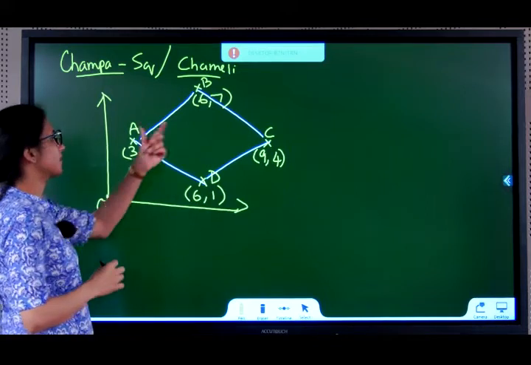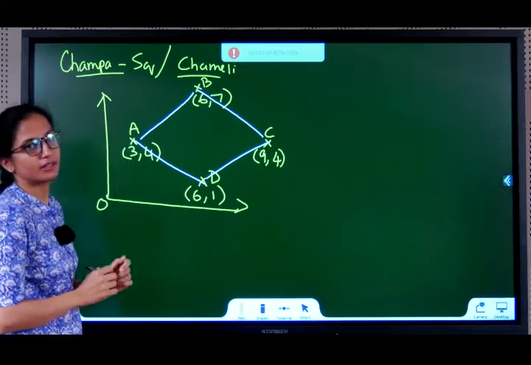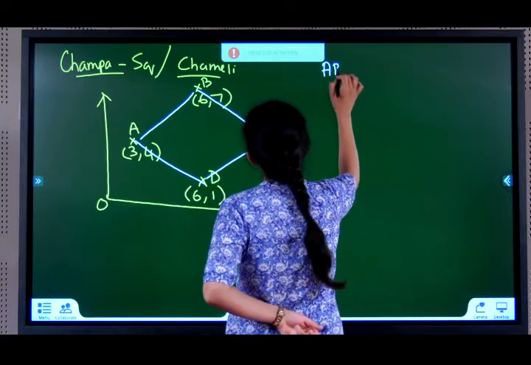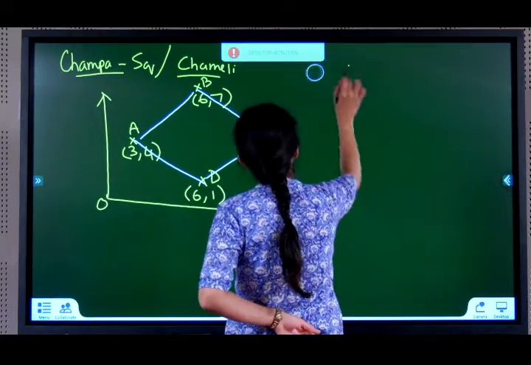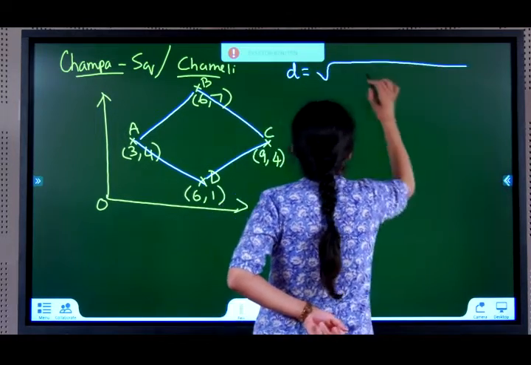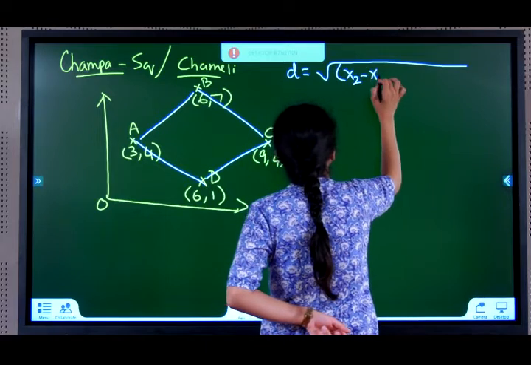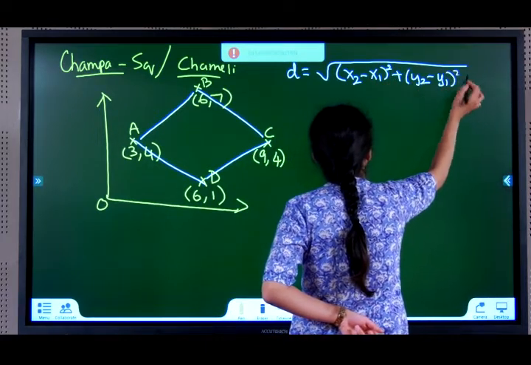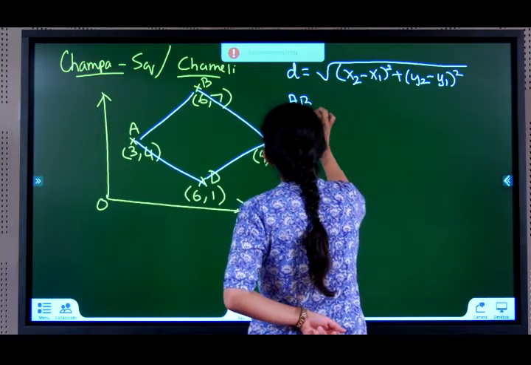So we start with AB, BC, CD and AD, right? Okay. So now AB, we'll write the distance formula as usual first. Distance formula is given as root of x2 minus x1 square plus y2 minus y1 square. So what will be AB?